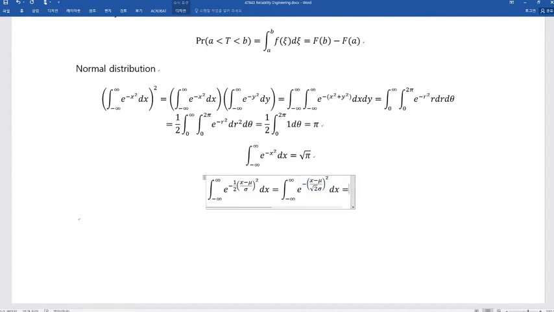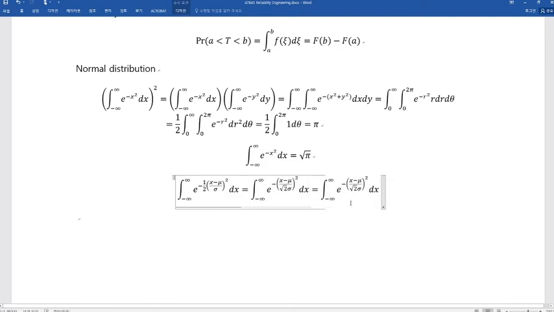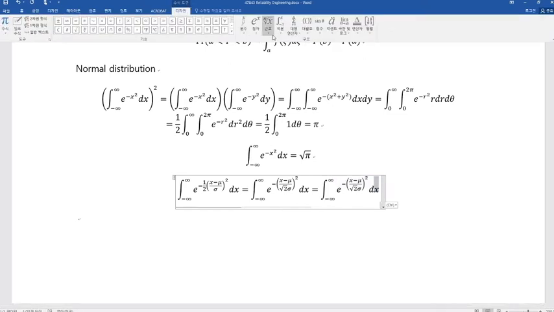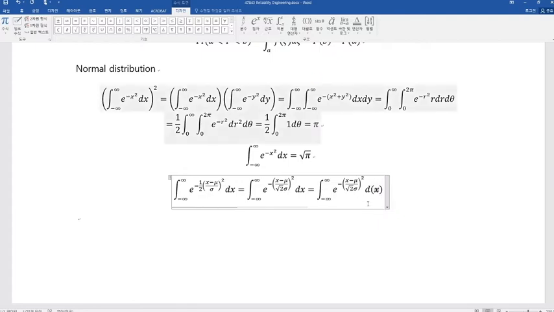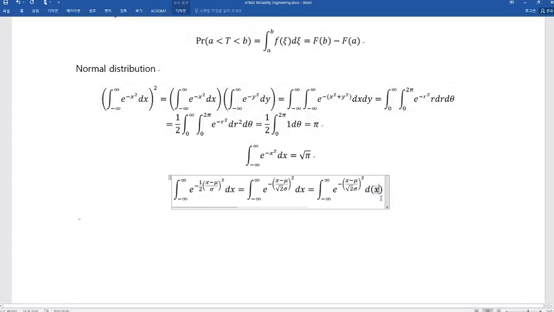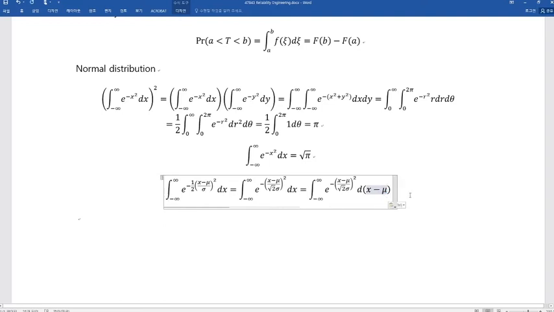So how can you calculate this? Instead of dx, let's take x minus mu. In that case, there is nothing changed here. dx is simply the same as d(x minus mu).